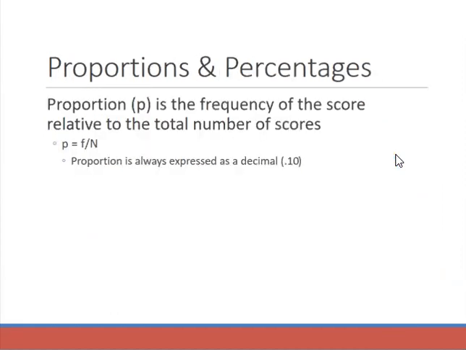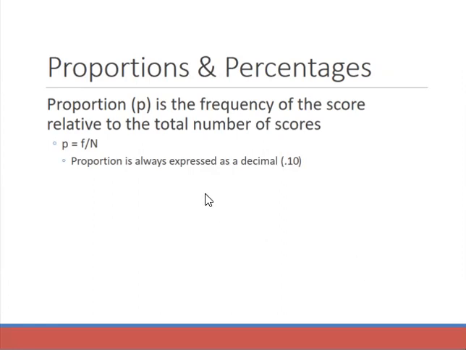Okay. Next, we're going to talk about proportions and percentages, so kind of back to frequency distributions. These are other measures that can describe the distribution of scores that we can add to our frequency distribution. The proportion is the fraction of the total group that is associated with each score.